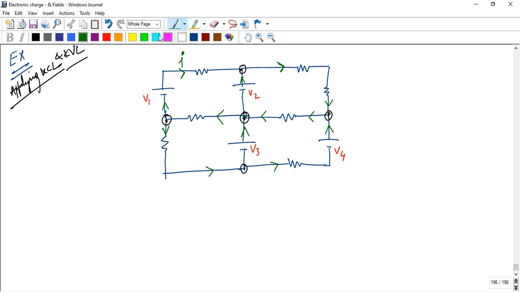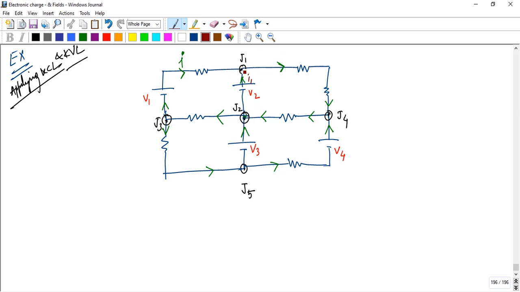So there are five junctions: junction 1, junction 2, junction 3, junction 4, and junction 5. So current in that direction is I. Okay, and suppose that is I1.